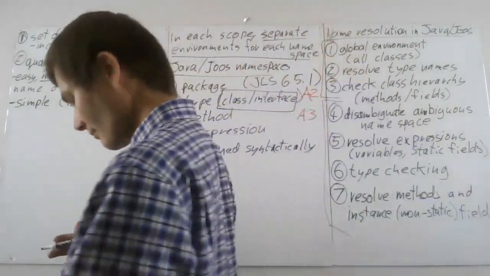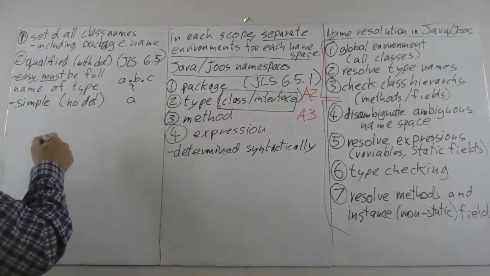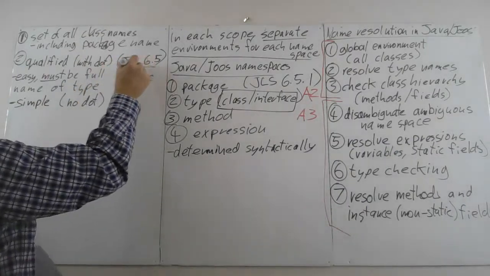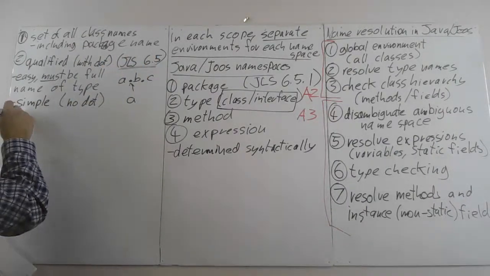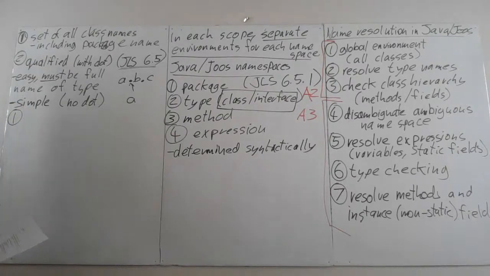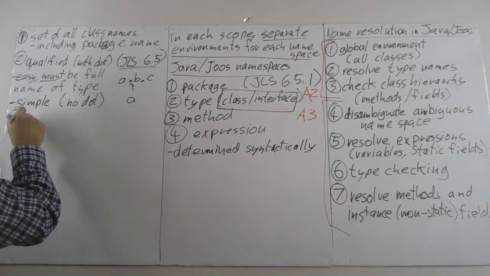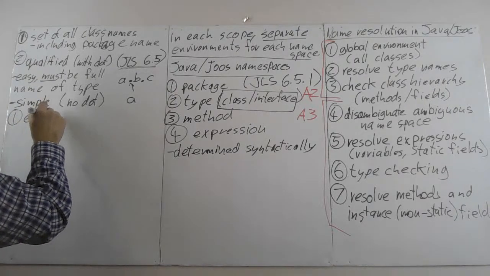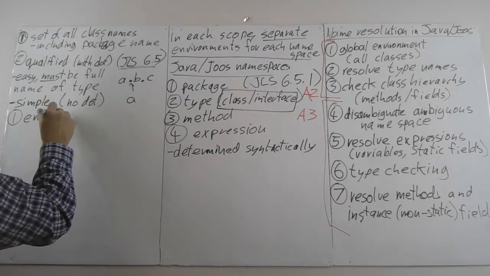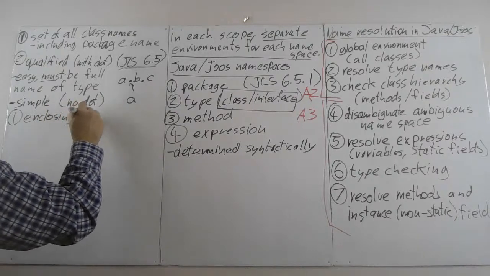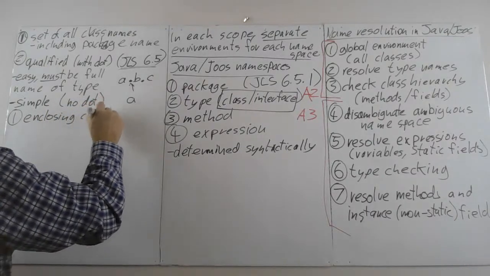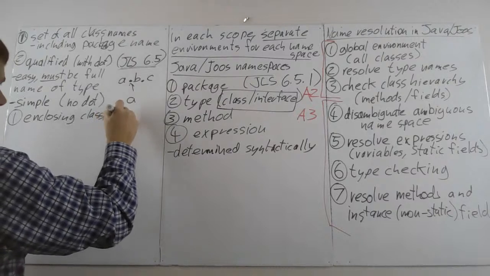Well, there's a whole algorithm in the Java spec, so you can see it here, but I'll summarize it. And there are 4 steps. So the first step is the enclosing class or interface.